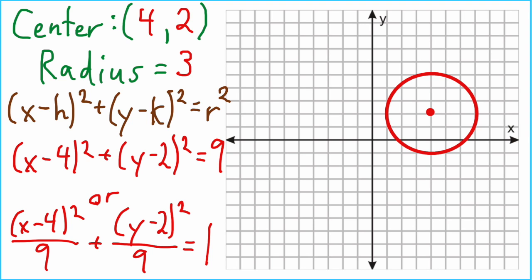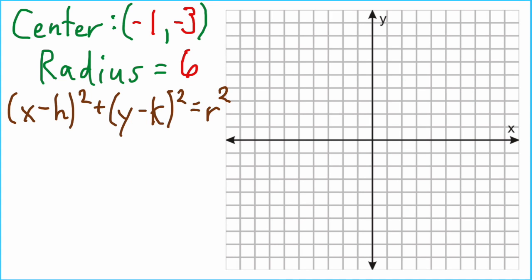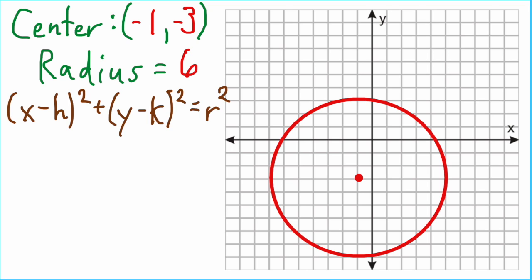Let's try another one. Center is (negative 1, negative 3), radius is 6. All right, let's draw our circle first on this one. Our center is at (negative 1, negative 3), and there's our circle with a radius of 6. By the way, just so you know, the center of a circle is technically not part of the circle. It's there only as a reference.